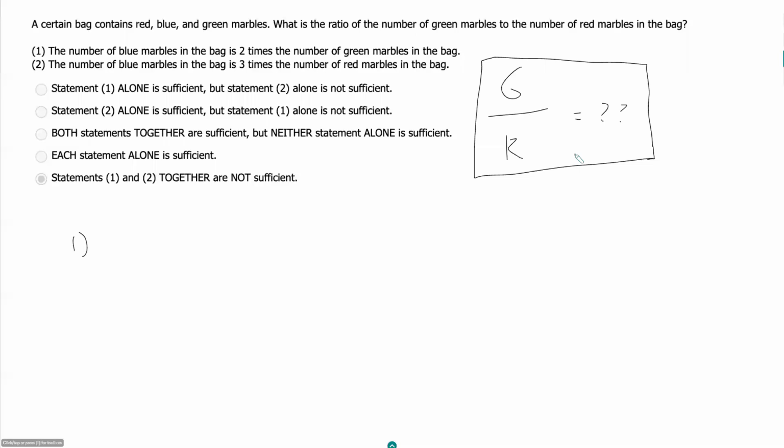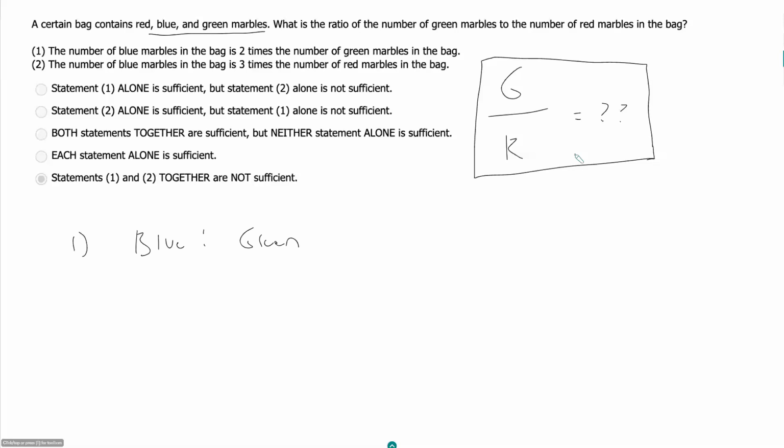The number of blue marbles in the bag is 2 times the number of green marbles in the bag. Ideally, if we can make a ratio for all 3 of our marble colors, that would be great. Here it looks like they give us 2, so we know blue to green. Blue is 2 times green.